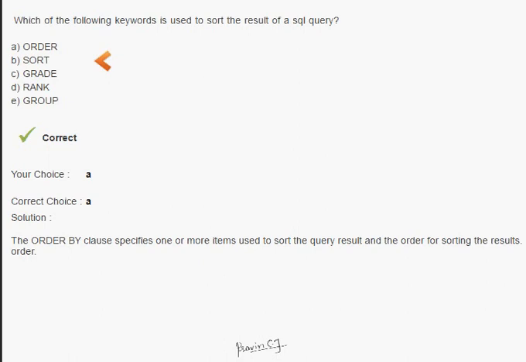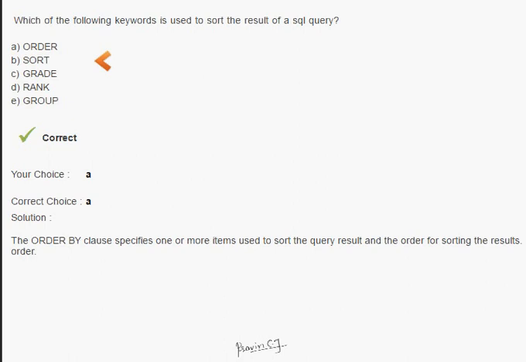With order by, you can sort in ascending or descending order. It is a very simple question, but you can specify it in the order by clause. If you do not specify it, the query result appears in no specific order, meaning you cannot say whether it is ascending or descending.